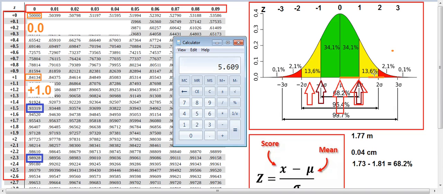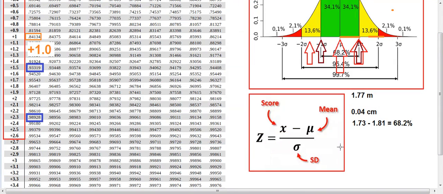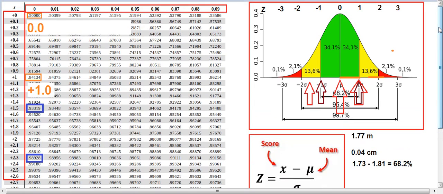When we want to use other numbers where the mean is not 0 and the standard deviation is not 1, for z-scores we use 0 for the mean, and -1, -2, -3 when we go to the left-hand side.